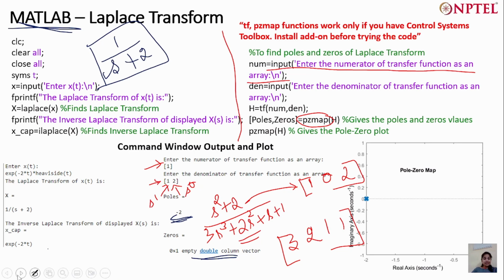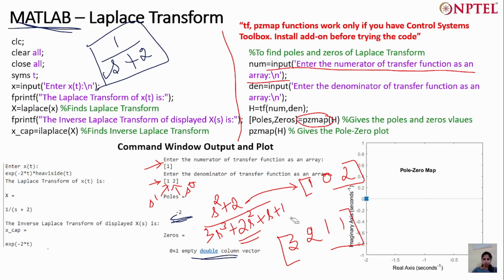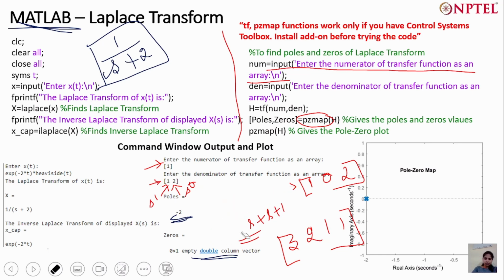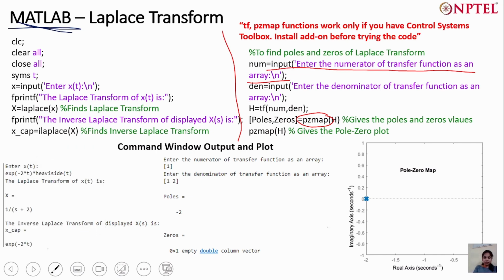So like this, for any complicated transfer function, like the one I showed you, s square plus 2 by 3s cube plus 2s square and so on, even a very big transfer function, if you give it in this format, first you give the numerator in array form, and then the denominator in another array form.